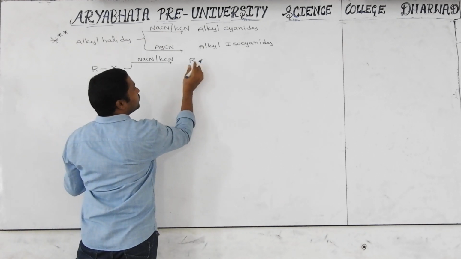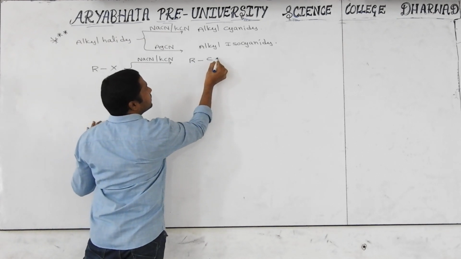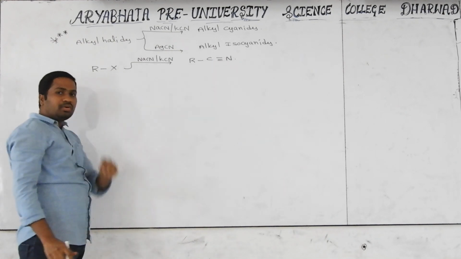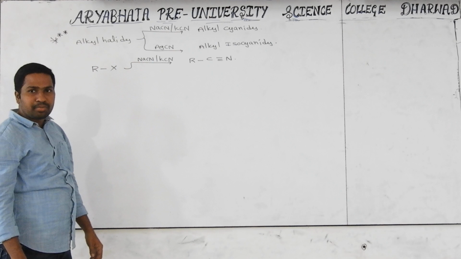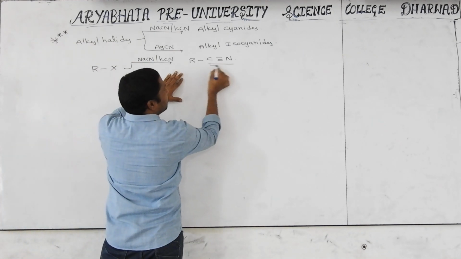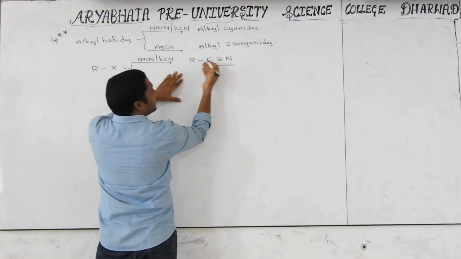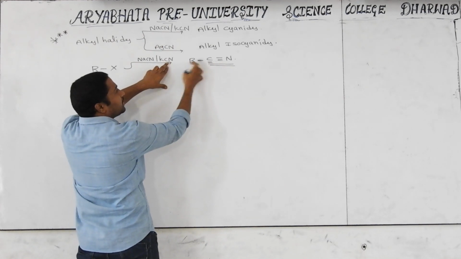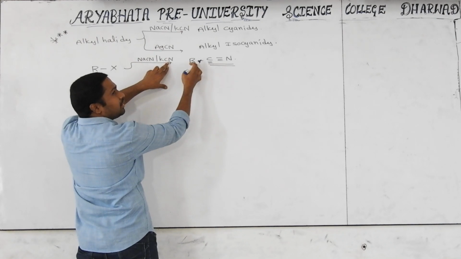Then we get alkyl cyanides, R-C triple bond N. How can you recognize this is a cyanide compound? From the CN group, it is the carbon atom which is involved in the connection further.